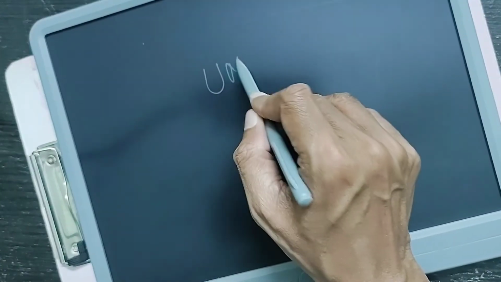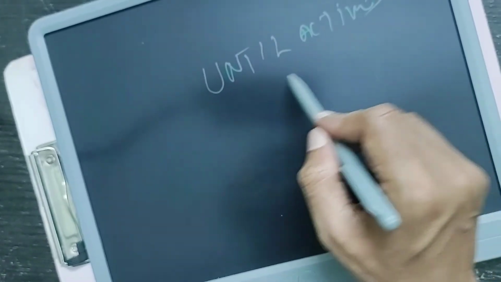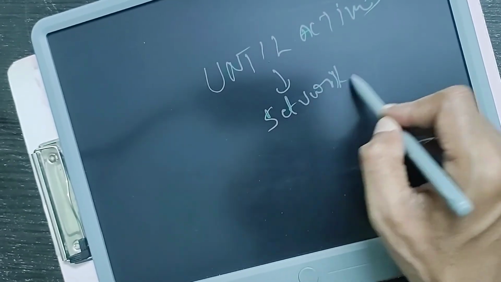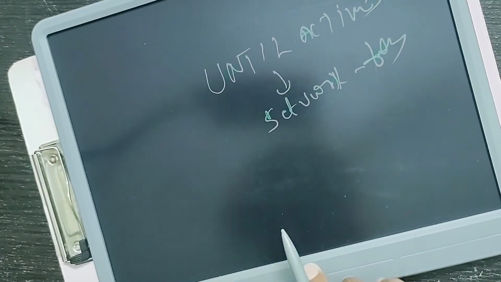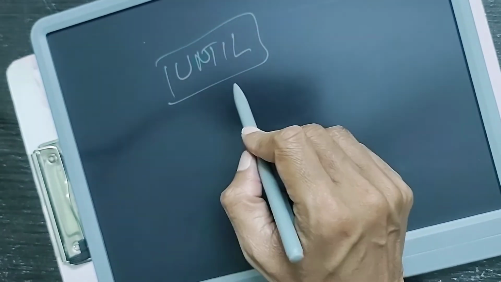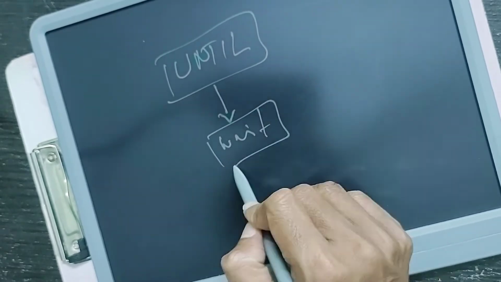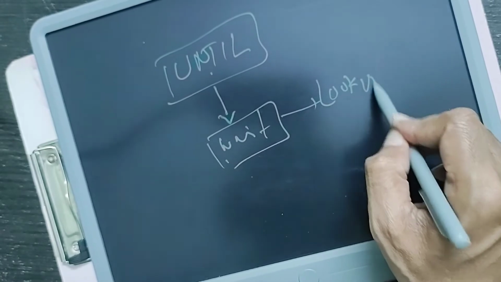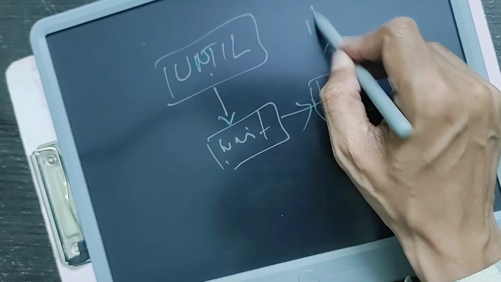And we have until activity. So until activity will wait until some variable becomes false. For example, you want to wait for some time until some value is set to false. So you have a wait activity, another activity where you are looking up some table or file location, and an if condition.